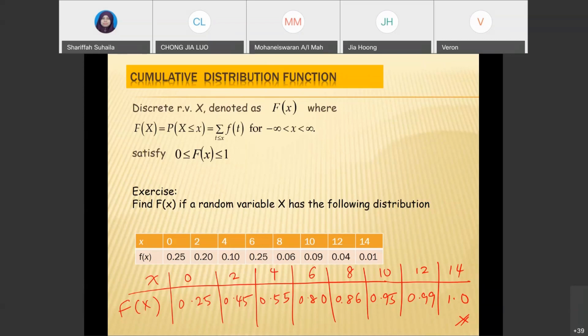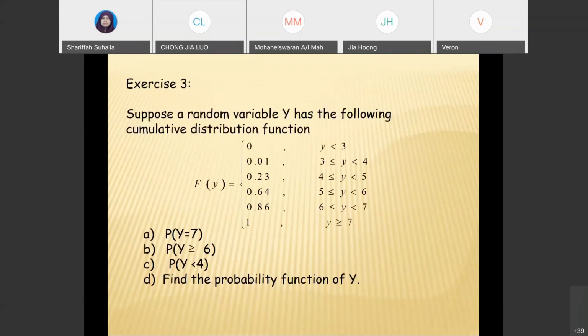Okay, let's say I have this one in the form of a function. But again, this one is a discrete random variable. Okay, still a discrete random variable. You have capital Fy: 0, 0.01, 0.23, 0.64, 0.86.